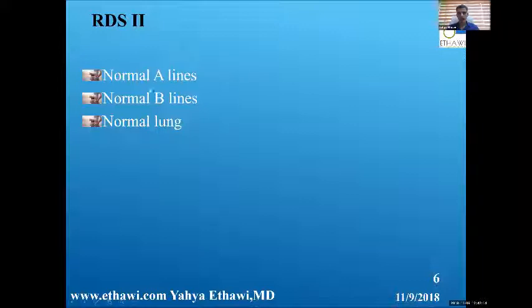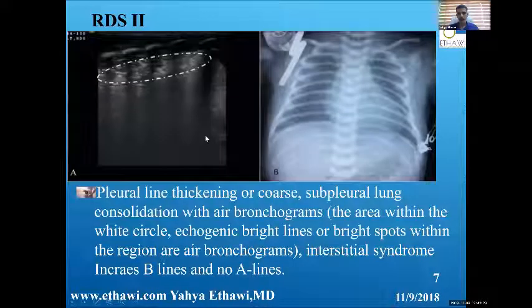In RDS type 2, there is some abnormal finding, but there are normal A lines, there are normal B lines, and there is normal lung. So as we can see here in RDS type 2, there is some pleural thickening, and there is some coarse feature at the subpleural lung, representing consolidation, and there is some air bronchogram.